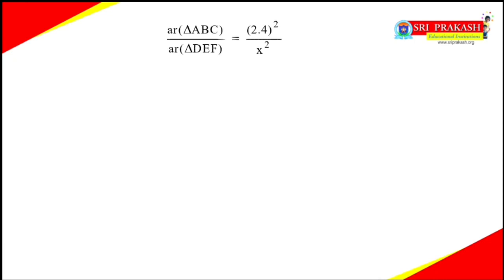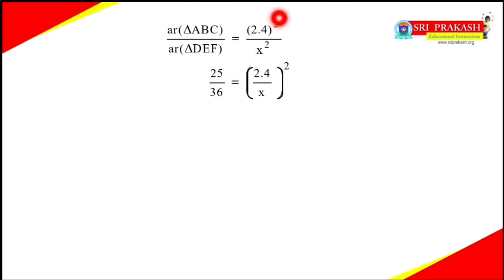So area of triangle ABC by area of triangle DEF is equal to 2.4 square by x square. Children, now let us substitute the values of the areas. Then we get 25 by 36.